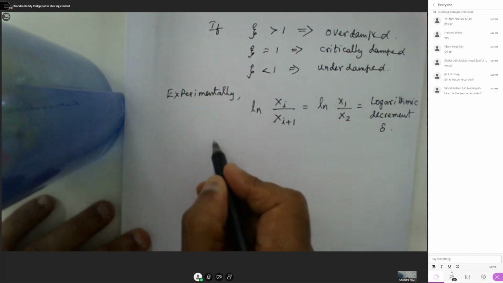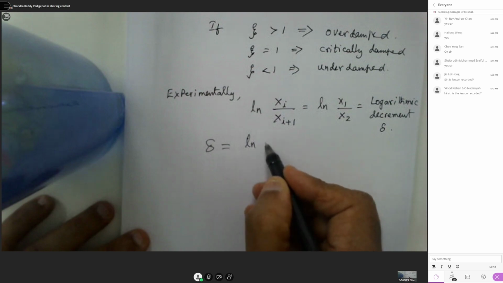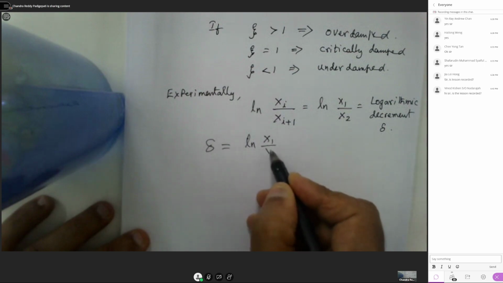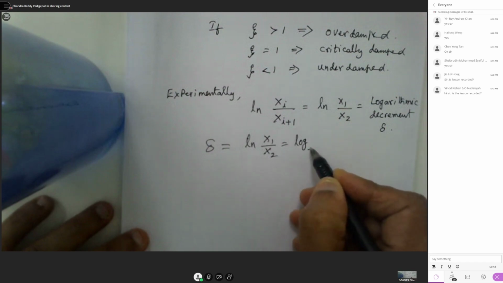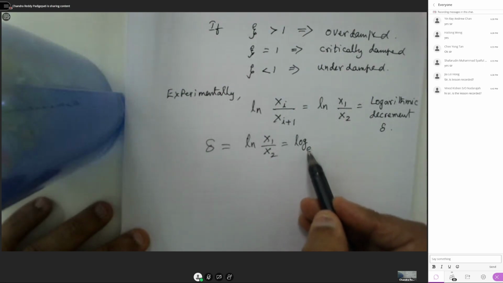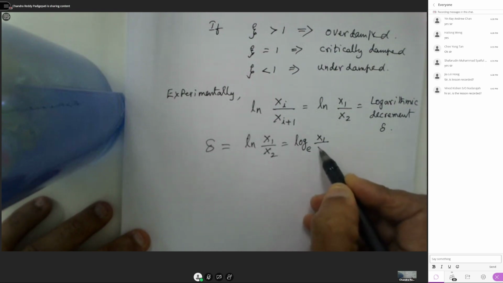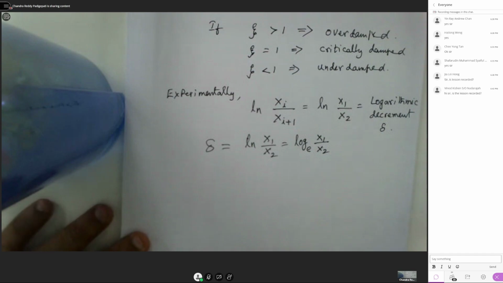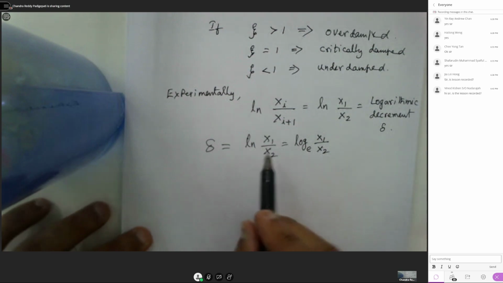So basically the logarithmic decrement delta, we can write as natural log of x1 over x2. Sometimes we also write this as log to the base e. If you don't write base e here, it implies base 10. So ln or log to the base e, both are the same.